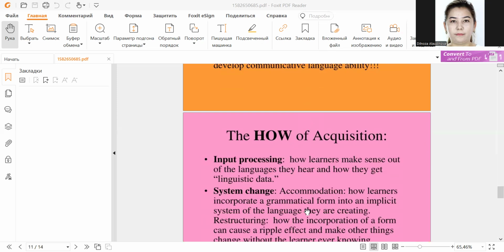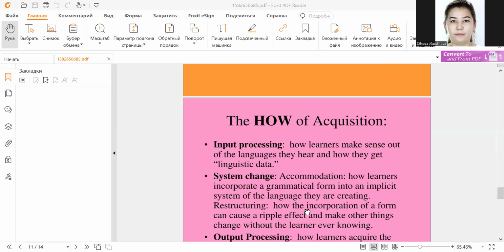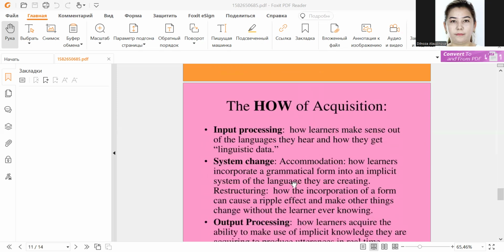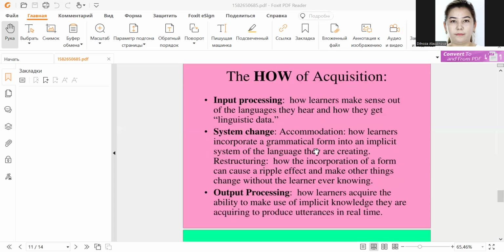The hub of acquisition: input processing, how learners make sense out of the language they hear and how they get linguistic data. System change, accommodation, how learners incorporate a grammatical form into the implicit system of the language they are creating.